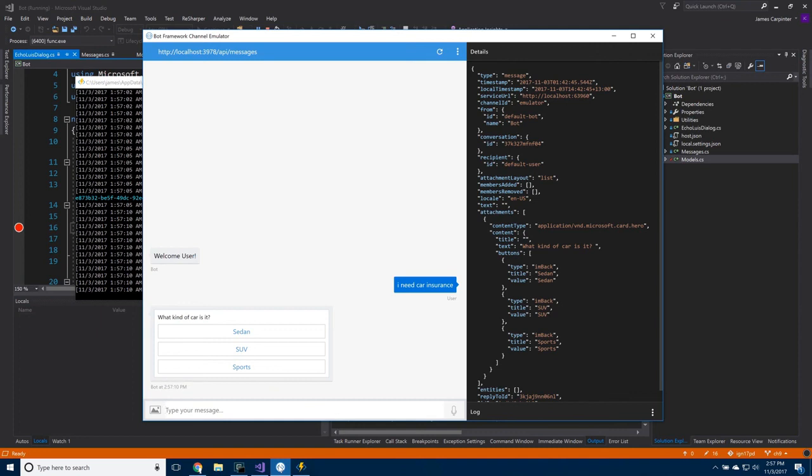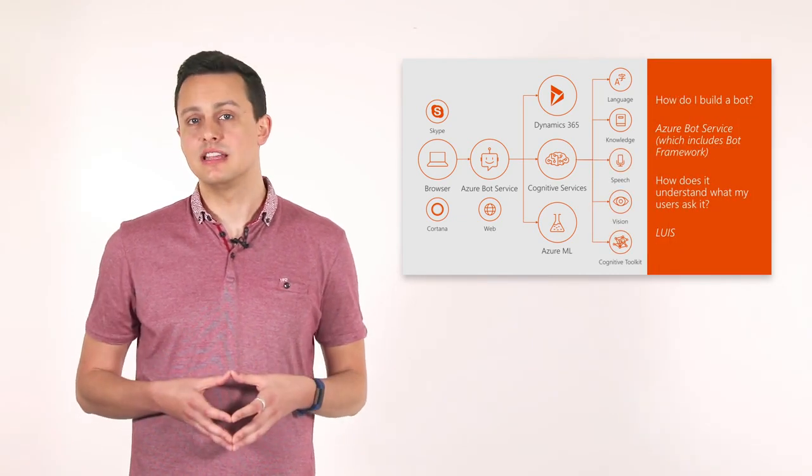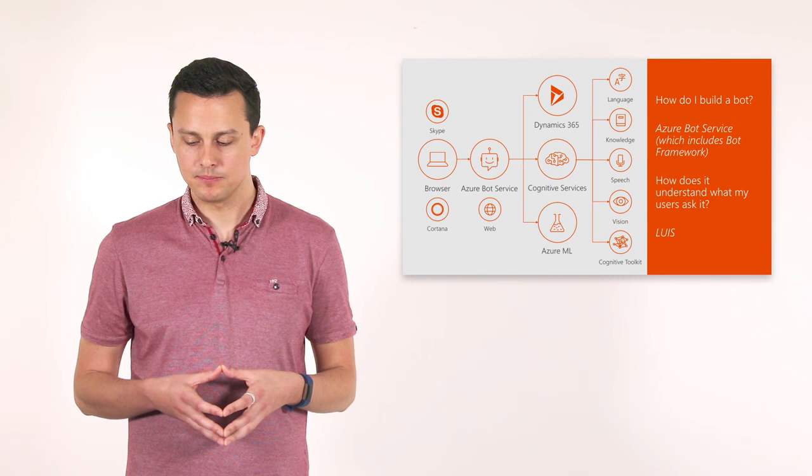With that, let's get back to the slides. So that's LUIS. That's a really easy way to add natural language capabilities to your bot. And with that, we conclude our discussion on the Microsoft Bot Framework and building bots in the Microsoft AI platform.